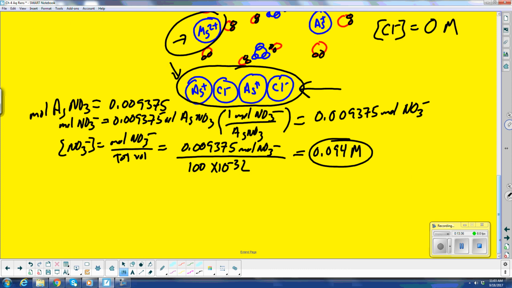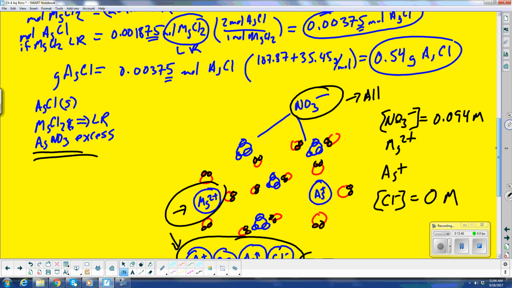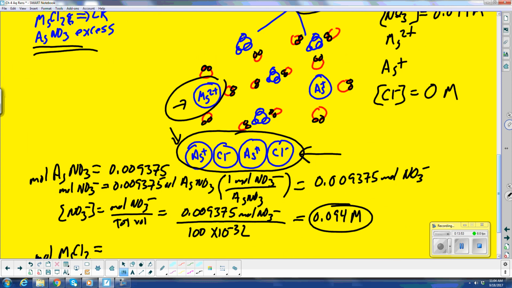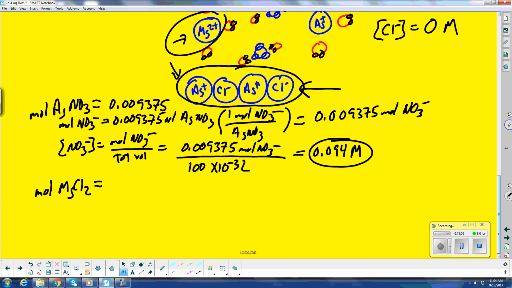So what's the amount of my initial magnesium chloride? Moles of magnesium chloride were, let's look up here, 0.001875 moles of magnesium chloride.